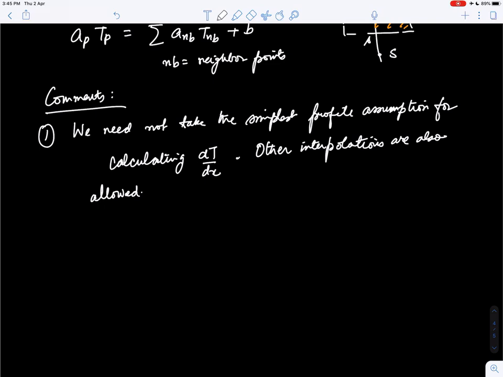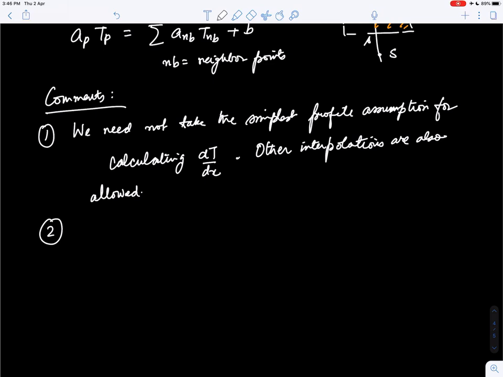But ideally, in the limit that the grid spacing becomes very small, all interpolation schemes should give you the same answer. That is a fundamental idea on which we are working: as we go smaller and smaller in spacing between the grid points, all schemes should give you the same physically realizable solution.